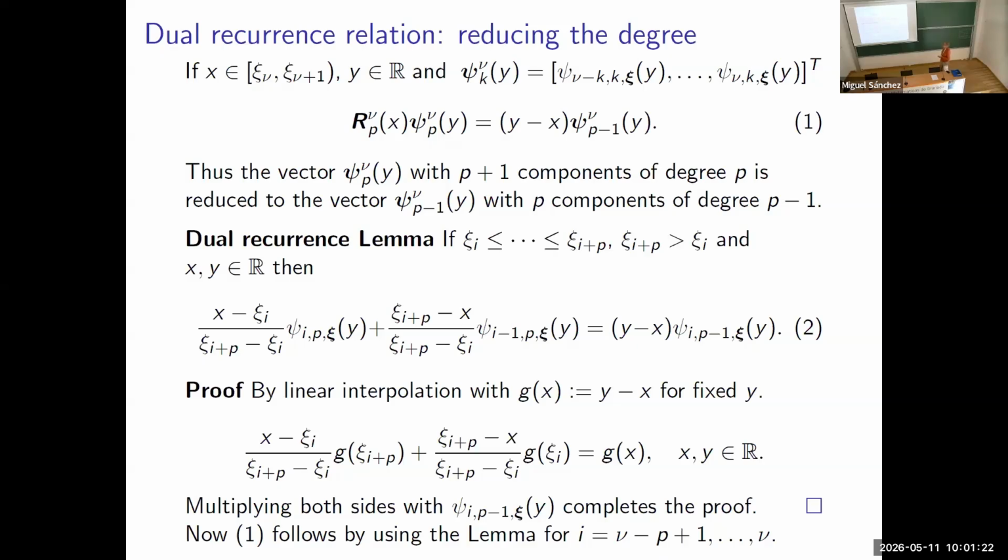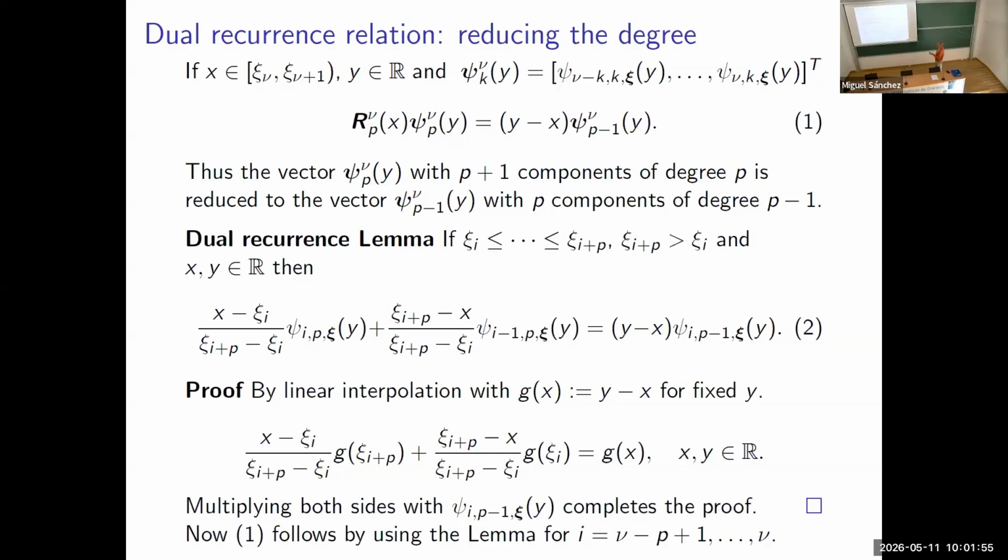So let me just indicate, since I have a few minutes, how you show that, because this is sort of the basic. First, we have something I call the dual recurrence lemma. Suppose x_i to x_(i+p) is non-decreasing, and that x_(i+p) is bigger than x_i.